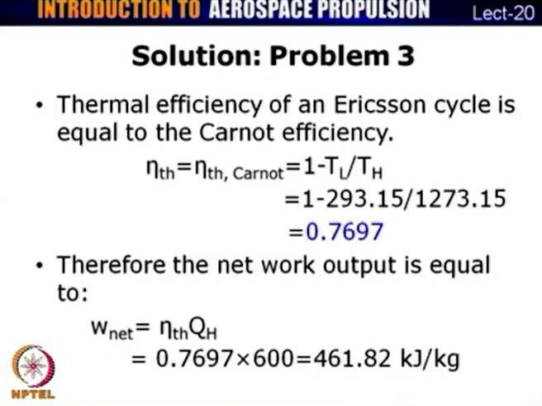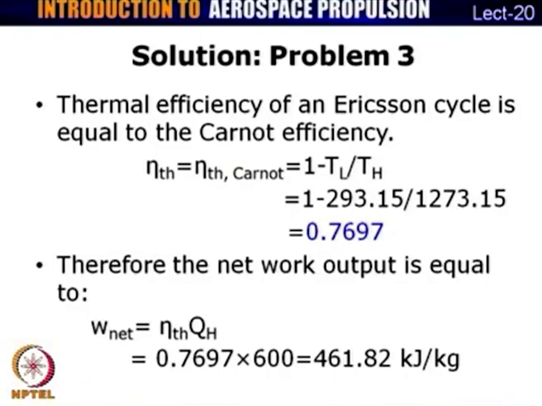Now, once we calculate the thermal efficiency, we can calculate the net work output. Net work output will be equal to the thermal efficiency times the heat input. 0.76797 is the thermal efficiency for this Ericsson cycle, and that multiplied by QH, the heat input, will be the net work output.